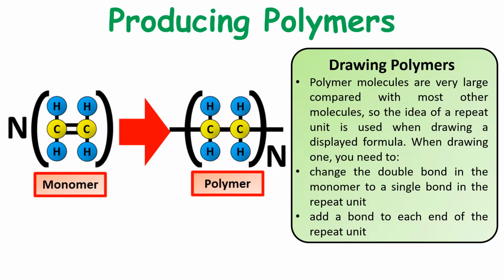You don't actually know how many monomers you're going to be reacting together, so we represent that with an N. When we turn that into a polymer, all you do is break the double bond, put the bonds coming out at either side to represent that the monomers now have a broken double bond and they have 2 free bonds, and you put the N to the right hand side at the bottom to represent the number of monomers that join together.